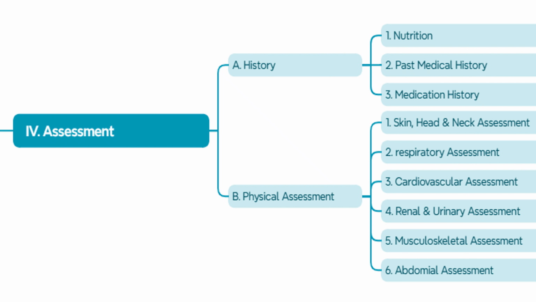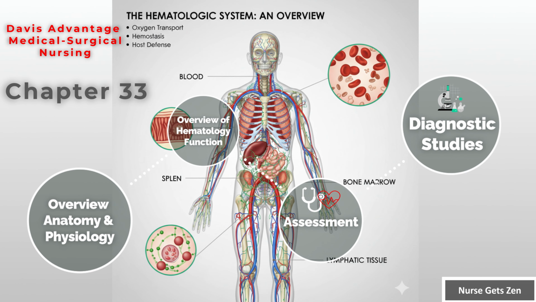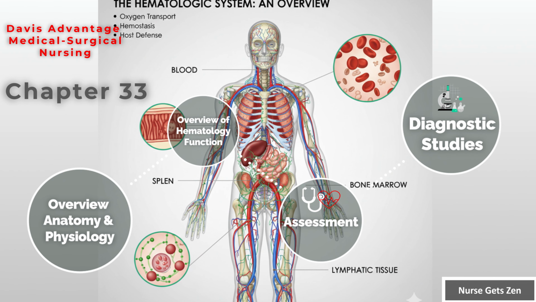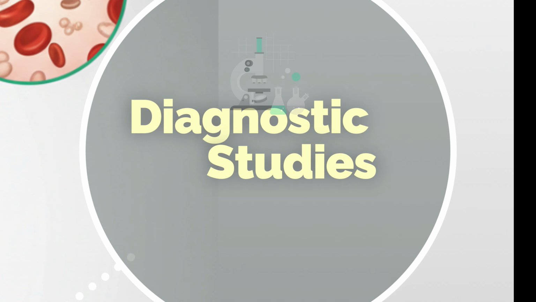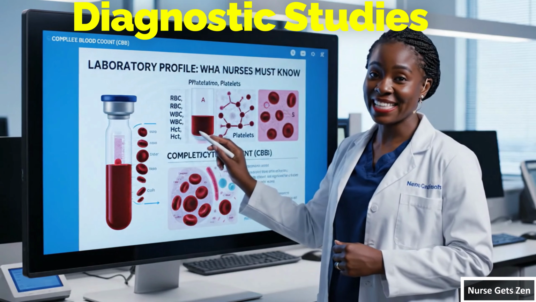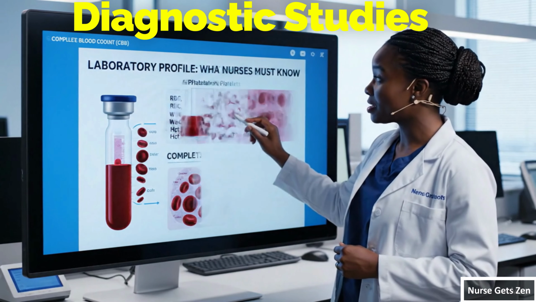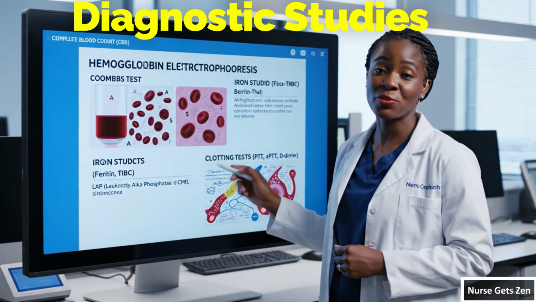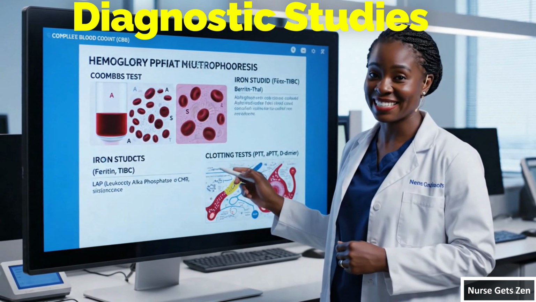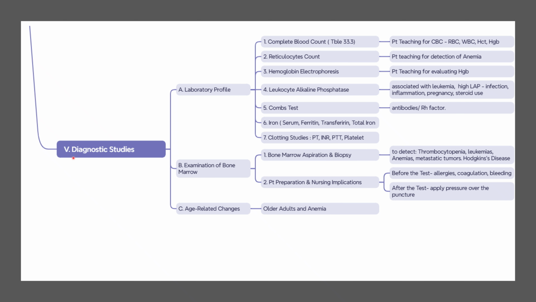Older adults have chronic disease, which slows marrow recovery. We use the reticulocyte count to assess bone marrow response, while hemoglobin electrophoresis helps detect disorders like sickle cell and thalassemia. We have the diagnostic studies.